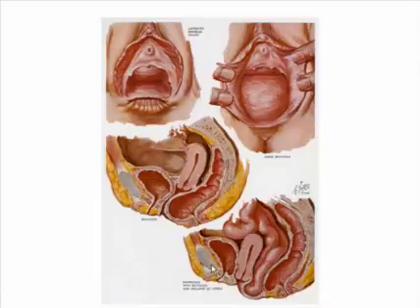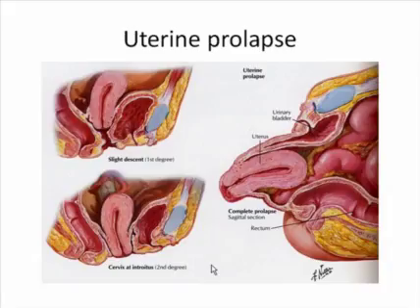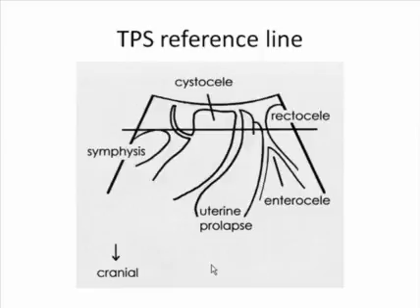They look to me very similar. Now at the bottom we see a variation of a rectocele, which is an enterocele, which is small bowel that's herniating down between the uterus and the rectum. And these are Netter diagrams of degrees of uterine prolapse. You can see various degrees of uterine prolapse.